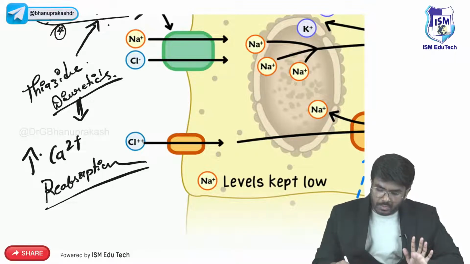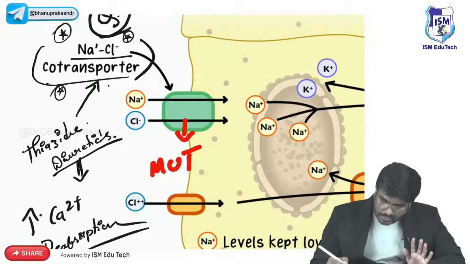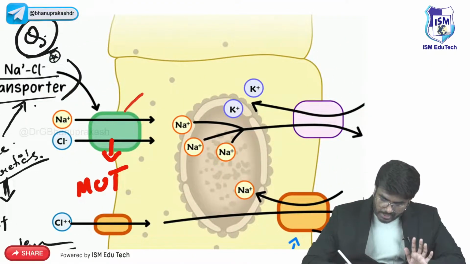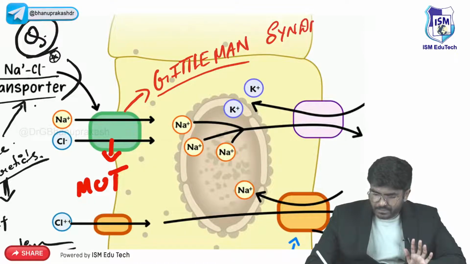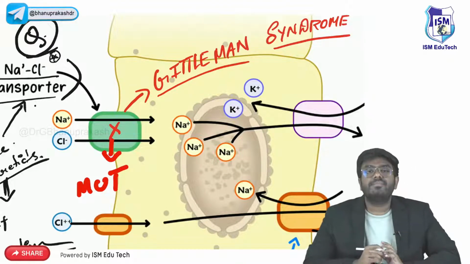Next point: what if this transporter is mutated by birth itself? Then it is going to cause a syndrome called Gitelman syndrome. Gitelman syndrome is because of the mutation of the sodium chloride symporter.